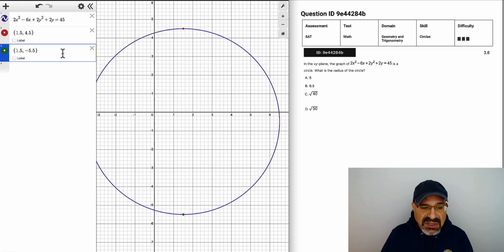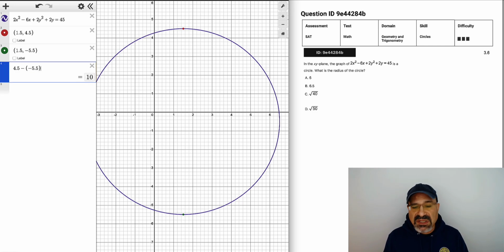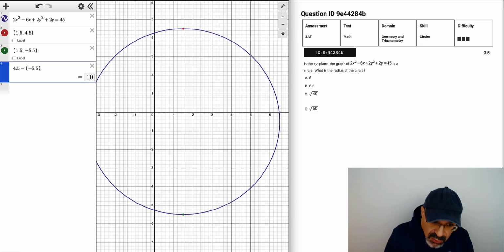You click on that, and it makes it into a point. Anyway, we know that the y value here is 4.5, and the y value here is negative 5.5. So 4.5 minus negative 5.5 is equal to 10. So the diameter is 10, trick question.